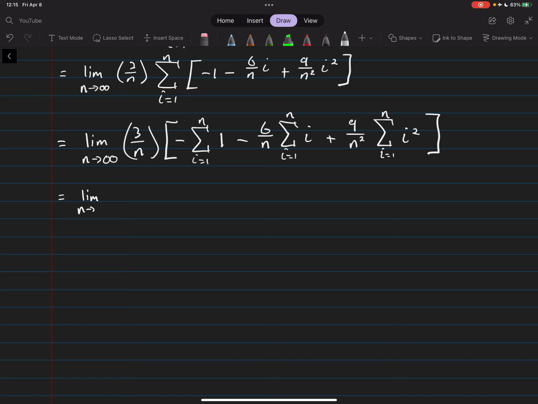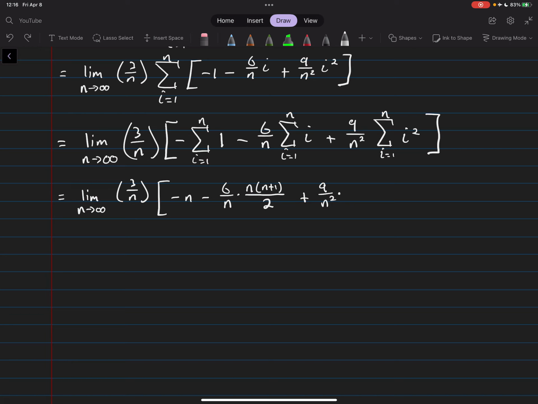The limit as n goes to infinity of 3 over n times, so this is a negative n, and then we have minus 6 over n times n times n plus 1 over 2, plus 9 over n squared times, now you can put parentheses in here if you need to, or you can put them here if you need to, whatever helps you understand what you're writing.